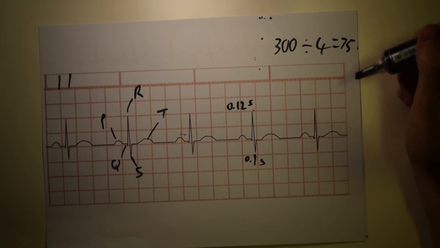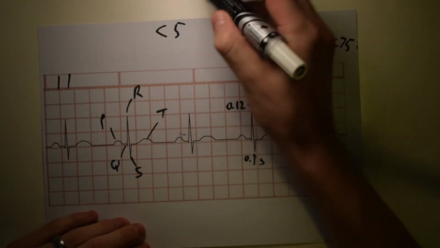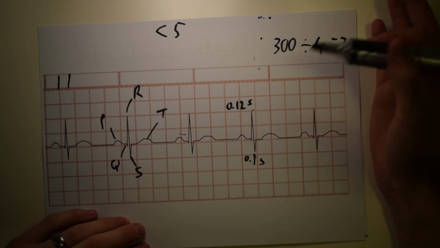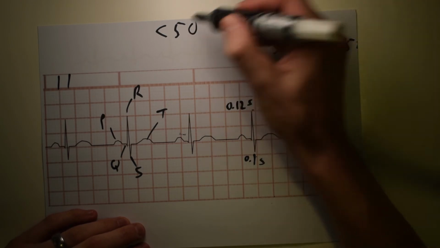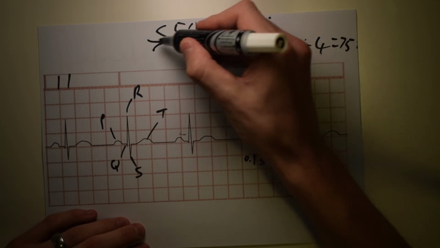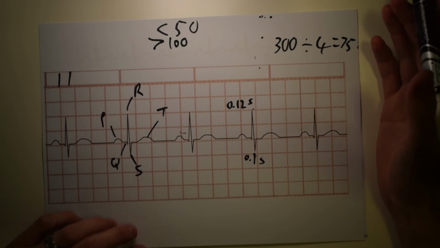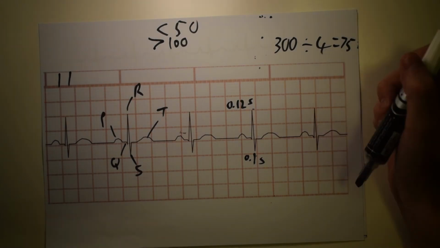If a heart rate is less than 50, you have something called a bradycardia. Brady means slow, and cardia means heart. If it's greater than 100, you have a tachycardia, with tachy meaning fast and cardia meaning heart.